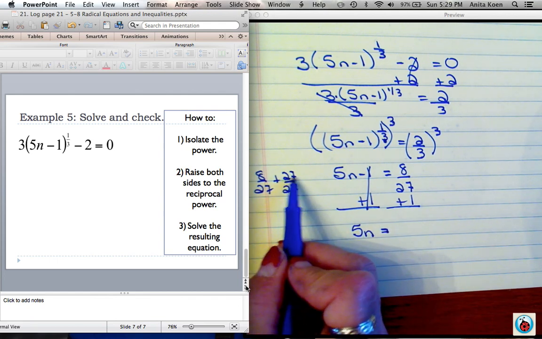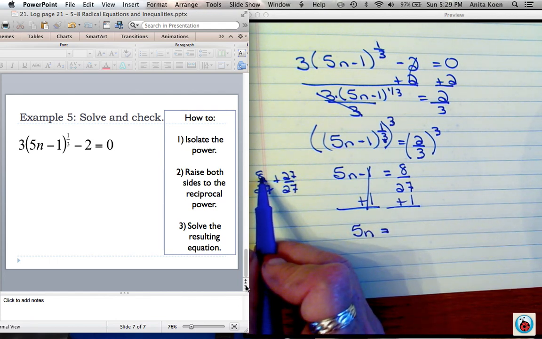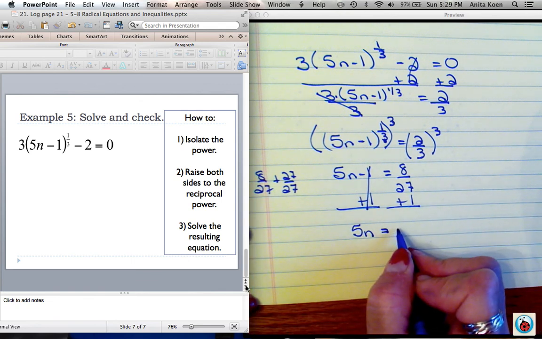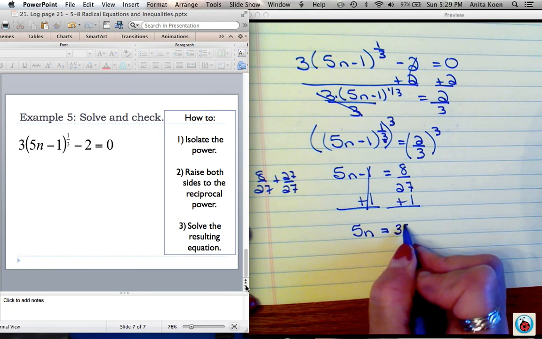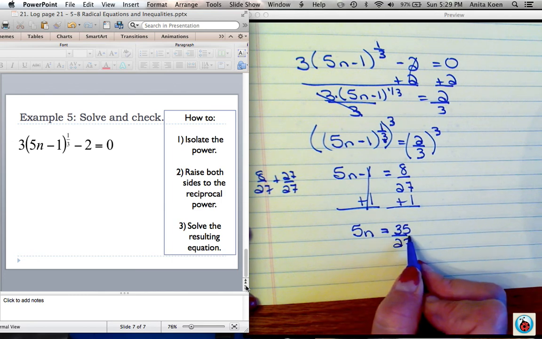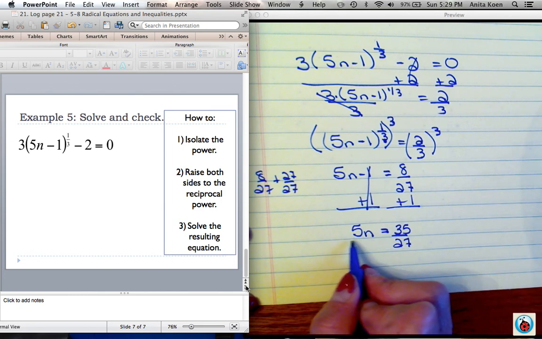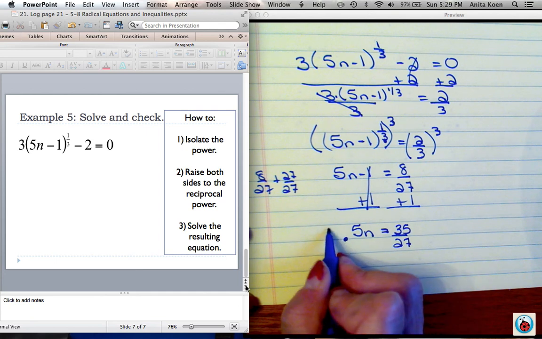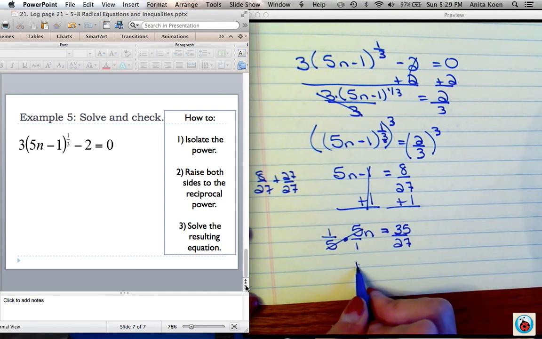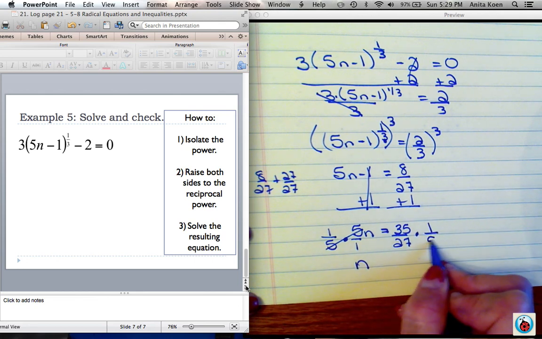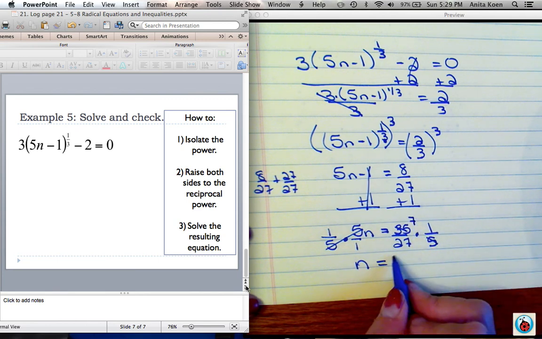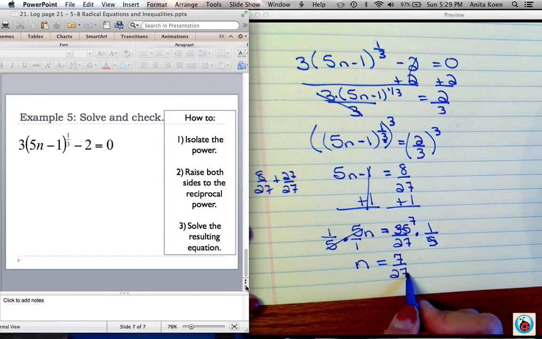So I'm going to add 27/27 and 8/27, and that is going to give me 35/27. And then, since I have a fraction over here, instead of dividing by 5, that's the same as multiplying by the reciprocal, which is 1/5, so that these still cancel and I get n. Multiplying by 1/5 equals 5 goes into 35 7 times, so that gives me 7/27.